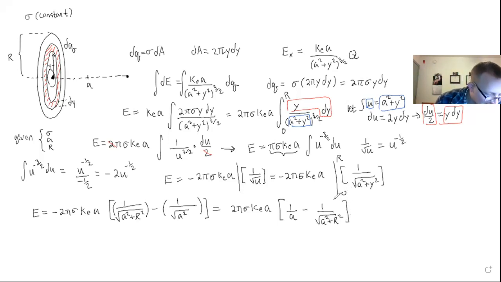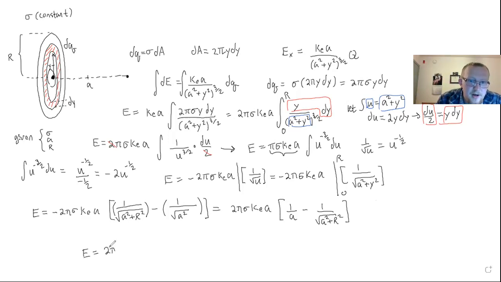And finally, for the last step, to make it look like the book does, let's see here, we're going to pull out an a from the denominator of both of these terms in here. Or actually, I'm sorry, we're going to distribute this a into both of these terms. And what that's going to leave us with is the final answer, so I should probably write it down here.